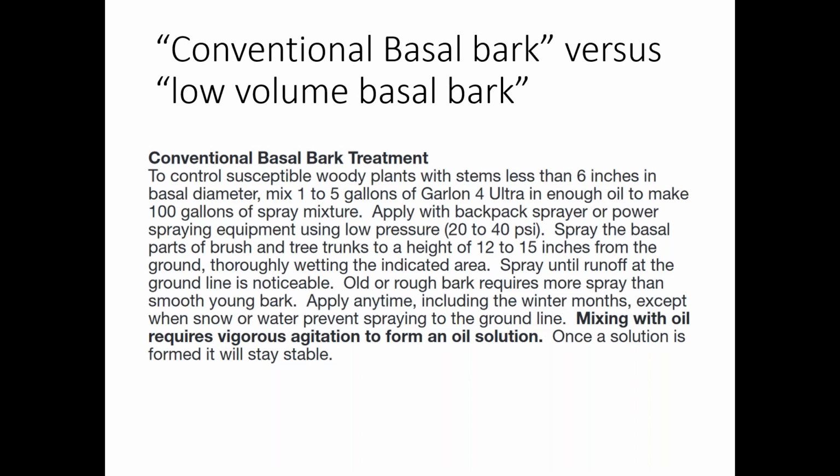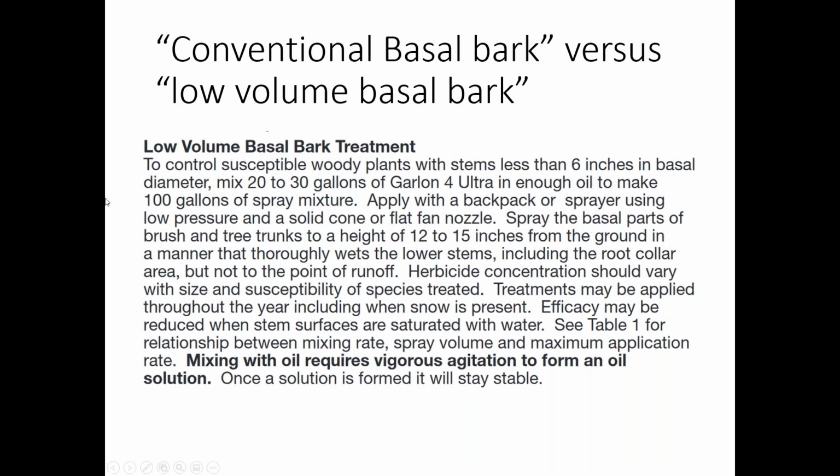Applicators quickly found that they were filling backpacks way too much with this methodology and didn't like the idea of putting so much herbicide directly onto the soil itself. Low volume came along to fix that, where we're mixing 20 to 30% solution and spraying 12 to 15 inches, wetting the lower stems, but not to the point of runoff, okay? That is the big difference within those, and this is where basal bark treatment has arrived.